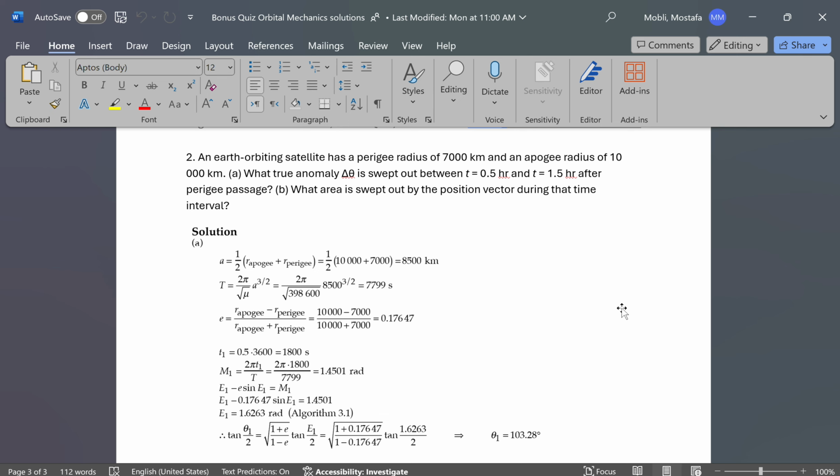The first thing you want to do is to form a function, f. Essentially, you have to move everything to one side. So E minus e sine of E minus mean anomaly of the orbit. And we want to find the roots of this function, essentially, right? You have to make a guess.